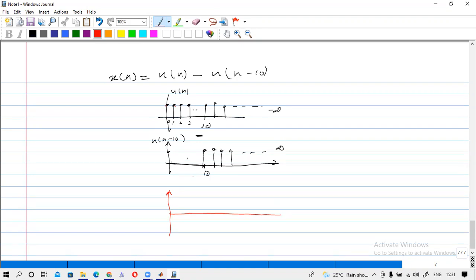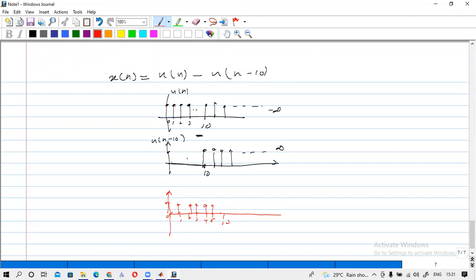So you can see that at 0, 1, 2, 3, 4, 5 up to 10, it will be 1.